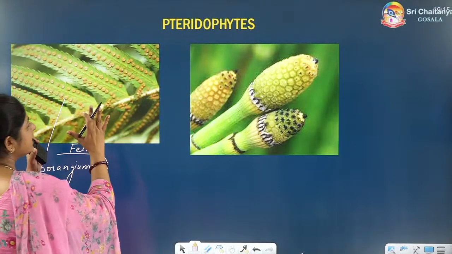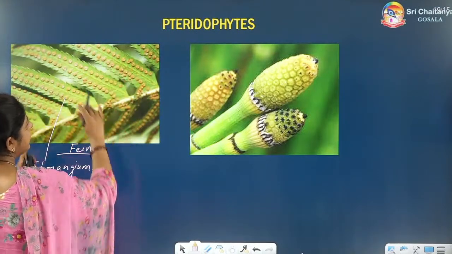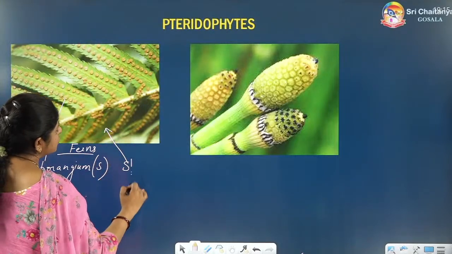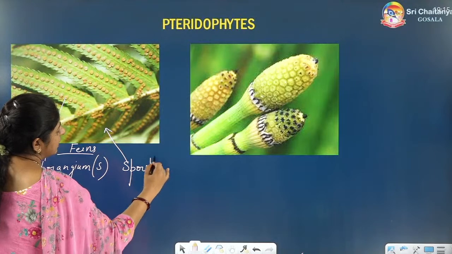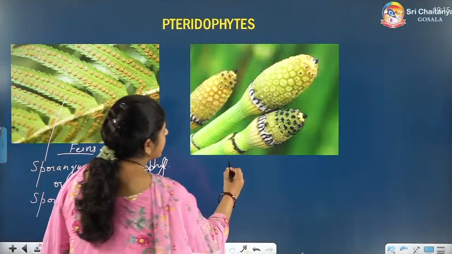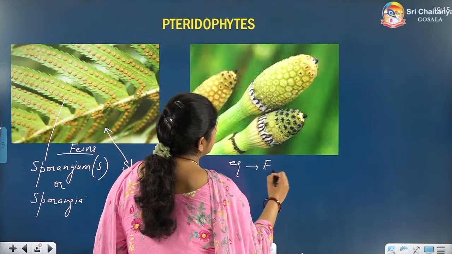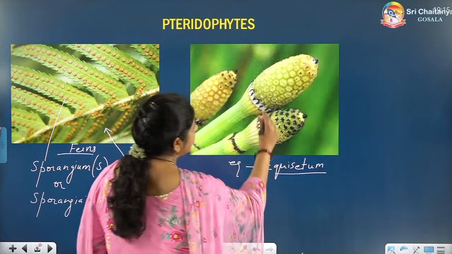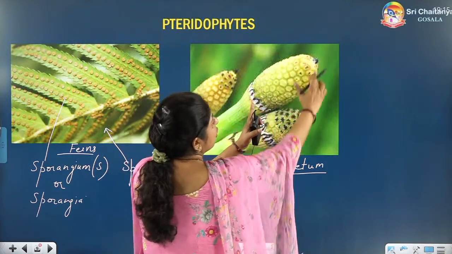But the leaf, the complete leaf, what do you call it? Sporophyll, right? But in some cases, for example in Equisetum, the sporophyll forms a compact cone-like structure.